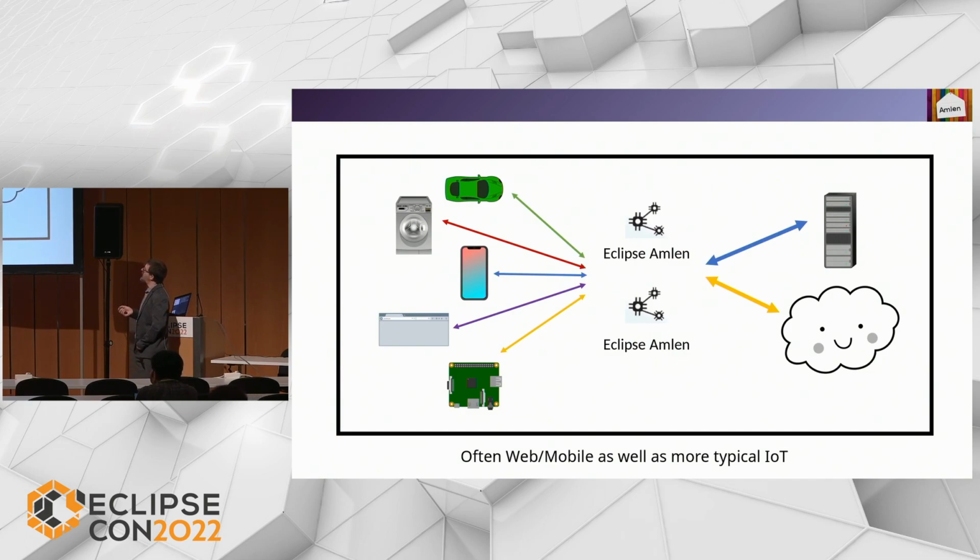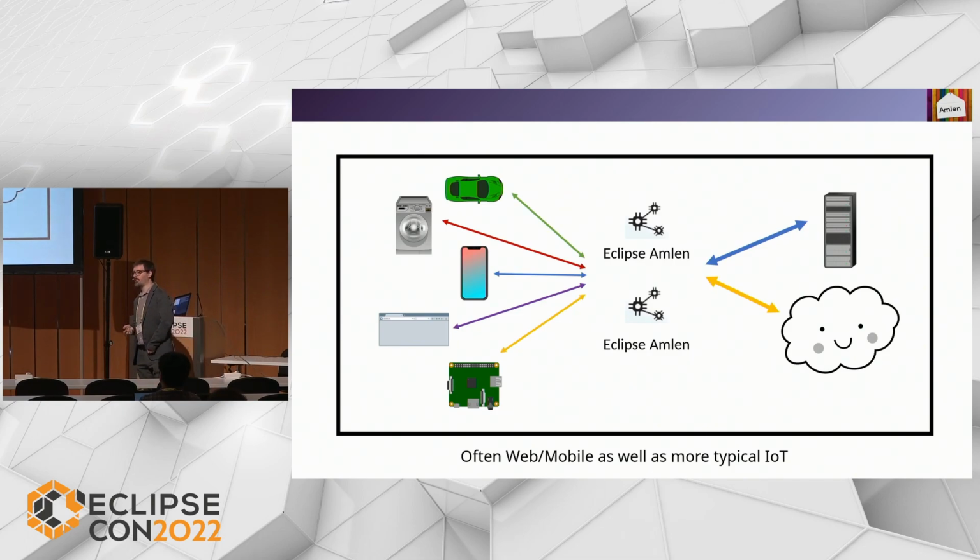So here's a highly technical drawing of a cloud. You have things on the left here. Quite often Amlen is used when you have not typical IoT use cases, but where you have a human using a device. So that can be a web browser or a mobile phone.